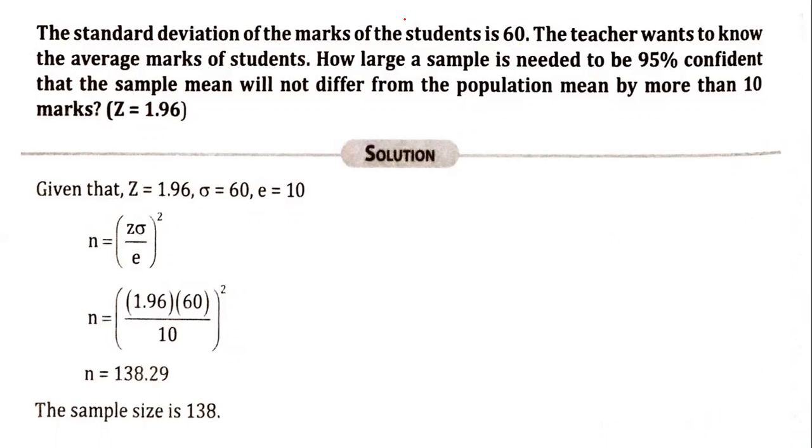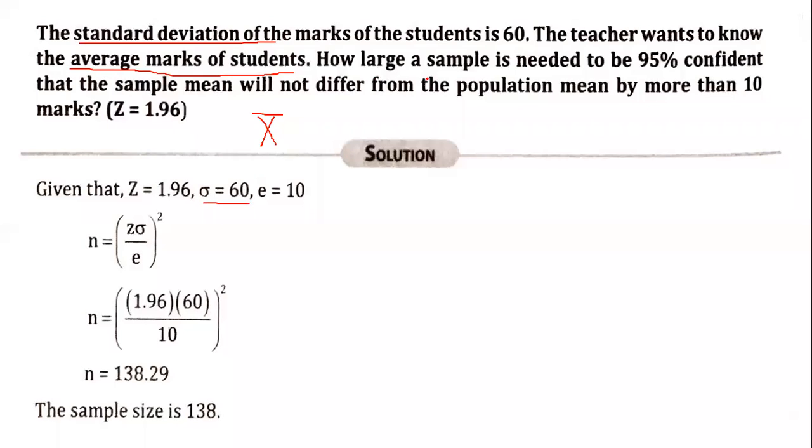The standard deviation of the marks of the students was 60. The teacher wants to know the average marks of the students. Average marks is the mean.